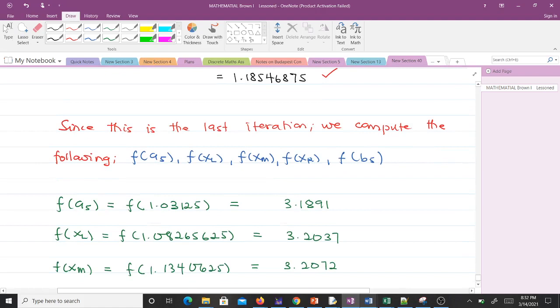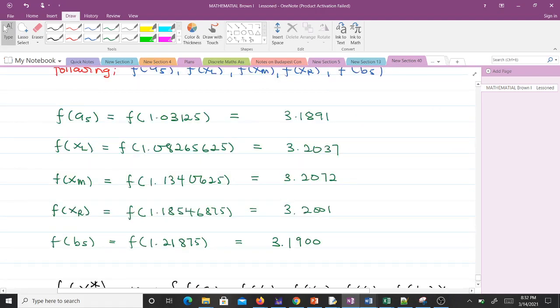So computing them, f of A5 will give us 3.1891. f of XL will give us this. f of XM will give us this. f of XR gives us this. And f of B5 gives us 3.1899.